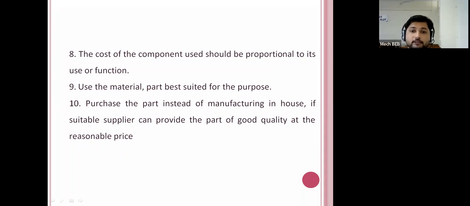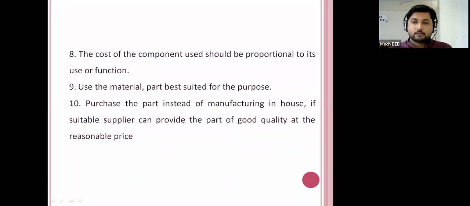Then purchase the part instead of manufacturing in-house if a suitable supplier can provide the part of good quality at a reasonable price. So if you are producing particular goods or a spare part at 10 rupees, and one of your suppliers will provide a similar quality at 9 rupees, you need not produce that part in your company.